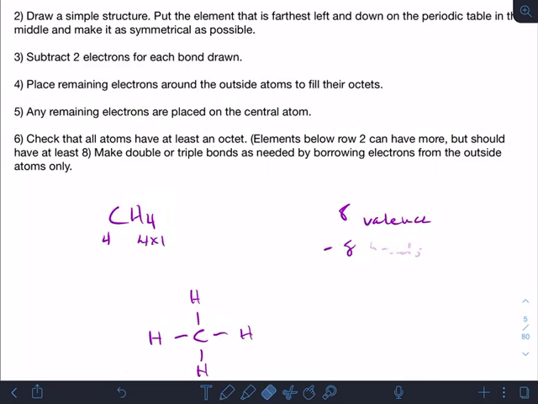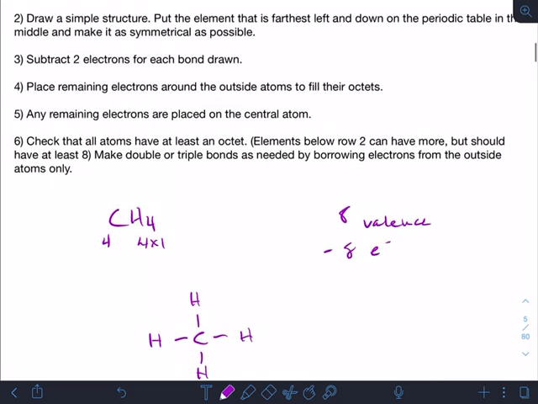So I'm going to subtract 8 electrons for what's in the bonds. I've used up all of my electrons. So that takes care of step 4 and step 5.